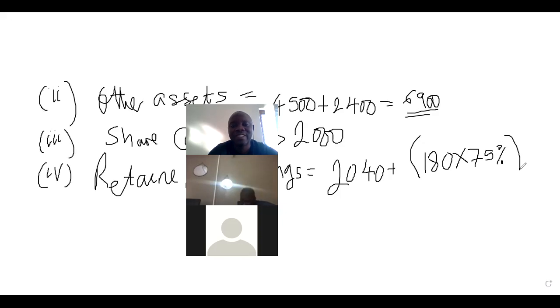Remember that the 25%, if you still remember, was under the NCI on post-acquisition, which was 45. So in short, it's just 180 minus 45 plus 2,040. How much do you get in total? 2,175. Yes, 2,175. You got it right. Great.